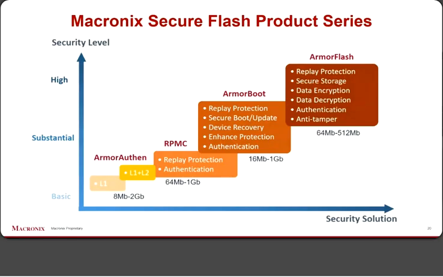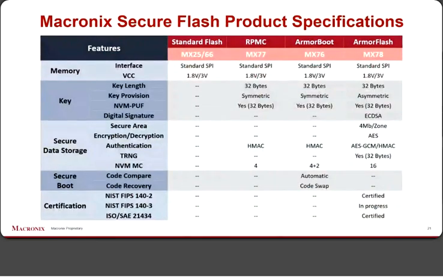So let's drill a little further down on the comparison. If you look at the table here, if you read from the left to the right, Standard Flash, RPMC, Armor Boot, and Armor Flash, and then read down vertically, if you look at the interfaces, they all support standard SPI interfaces, and the VCC range is 1.8 to 3 volt. The key length right now is 32 bytes, and key provisioning for RPMC and Armor Boot are symmetric.